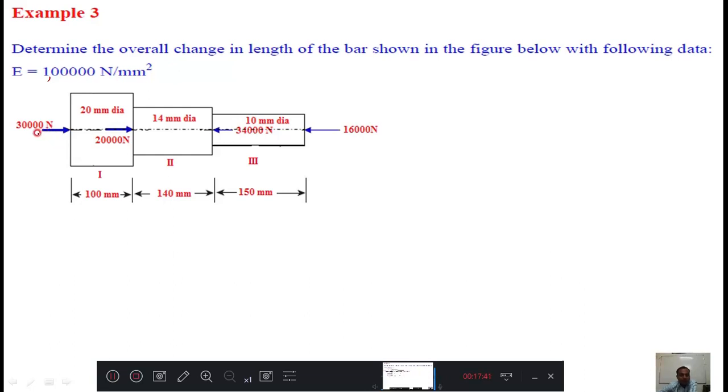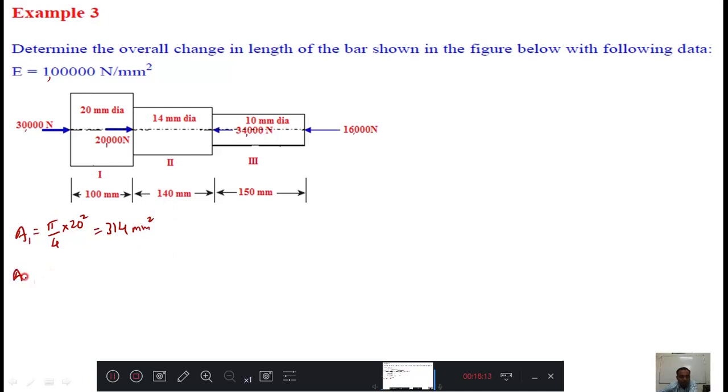Now here 30,000, here 20,000, then here 34,000, here 16,000 force are applied, but some forces are negative, some are positive. The lengths are given here, and the diameter is given, meaning circular. First we will work out A1 equal to pi by 4 d square, pi by 4 into 20 square, is 314 mm square.